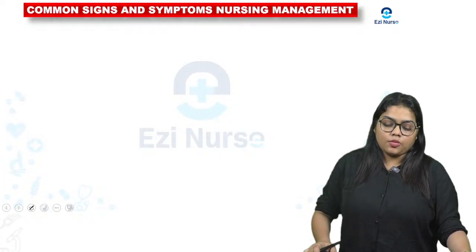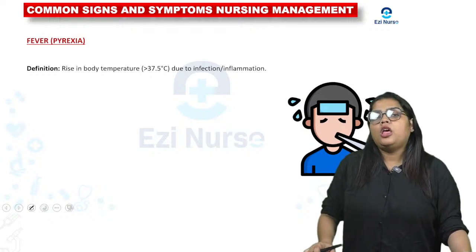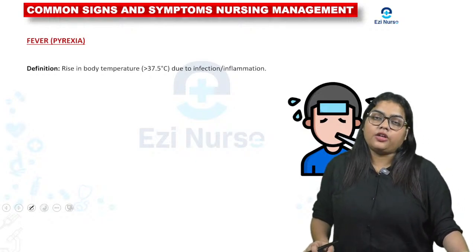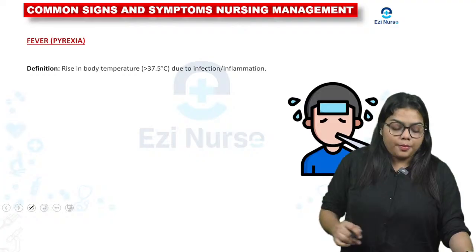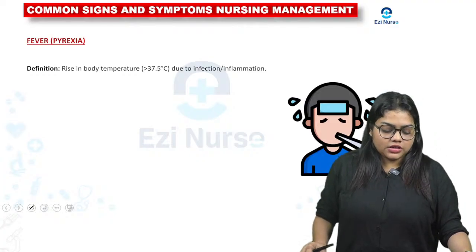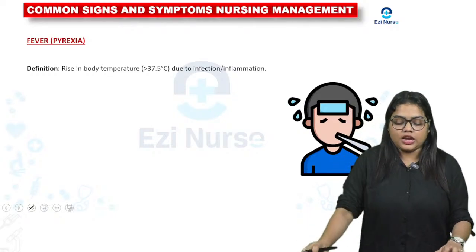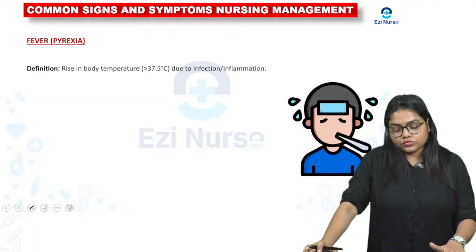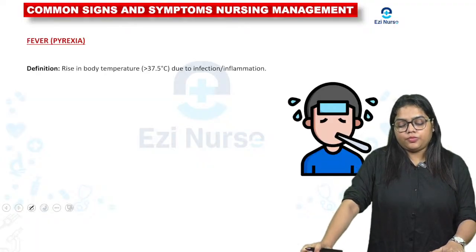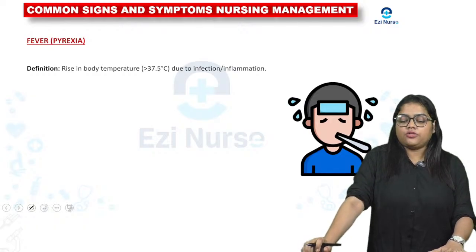Next, move on to the common signs and symptoms and nursing management. So for fever, also called pyrexia, how we can manage the patient, or what things we should do. So fever is actually a rise in body temperature. Our normal body temperature is around 37.05 degrees Celsius or 98.6 degrees Fahrenheit.